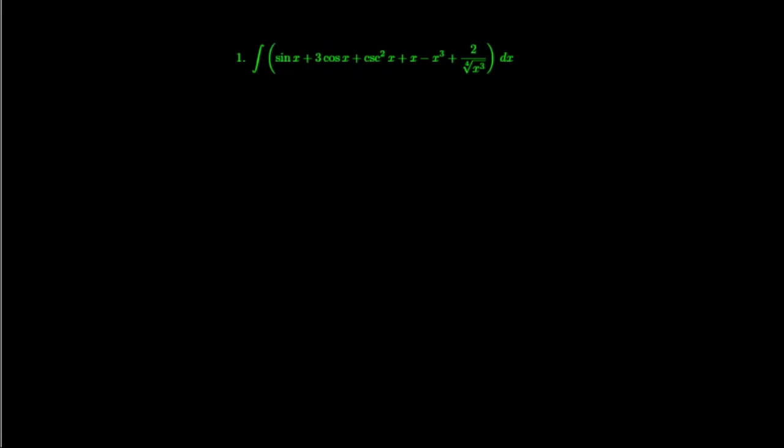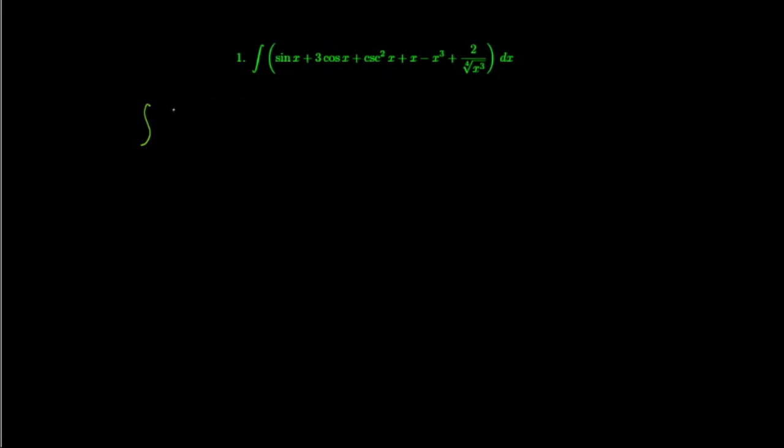Sorry, I forgot to change the color. Now, before we do the question, we are going to review how to get the indefinite integral of the last term without including the factor of 2.